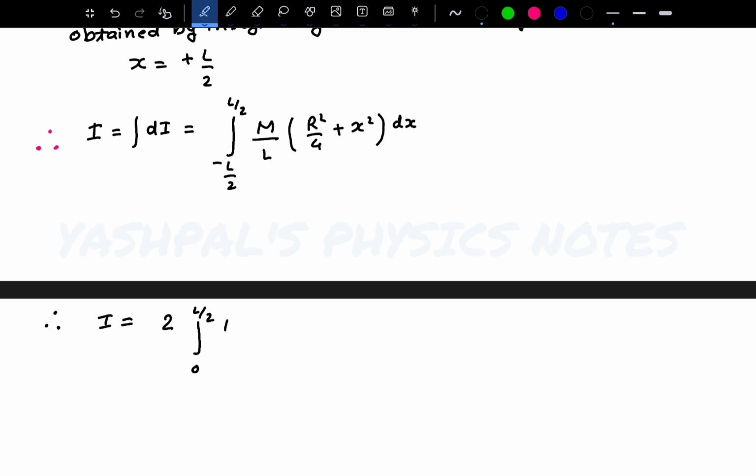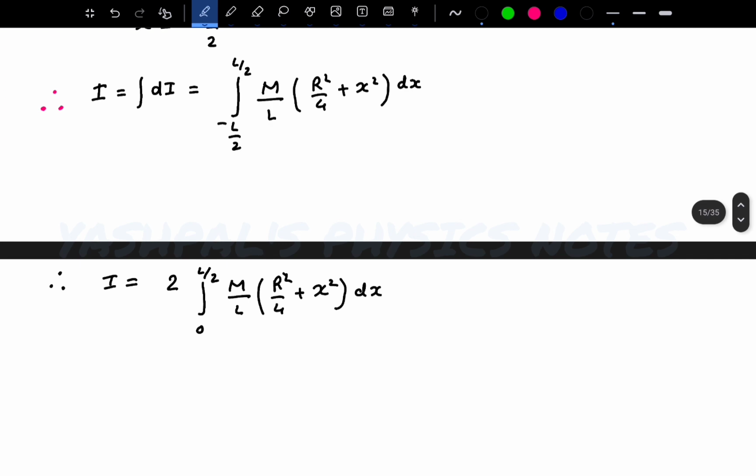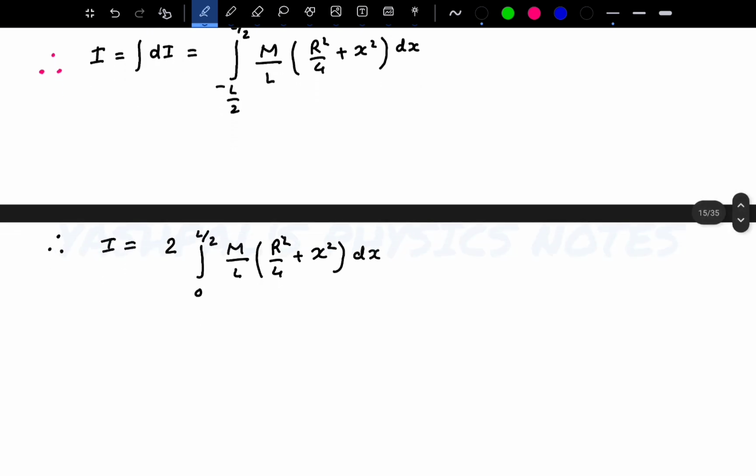So here I am writing the remaining term as it is, M L R square by 4 plus x square and dx. Now we know that capital M is the total mass of the solid cylinder which is not changing. Also capital L is the length of the solid cylinder which is also not changing. So I can take it outside of this integration.